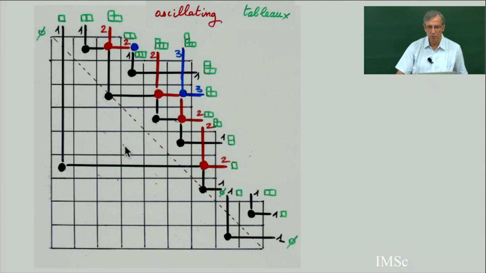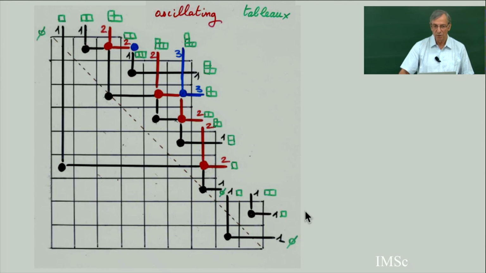If you do the light and shadow process, you get a sequence of lines here: a black line means you add a cell at the first row, at the second row, etc. And when you go down, it's a delete operator, deleting a cell at the first, second, or third row according to the color. So you get exactly a bijection.